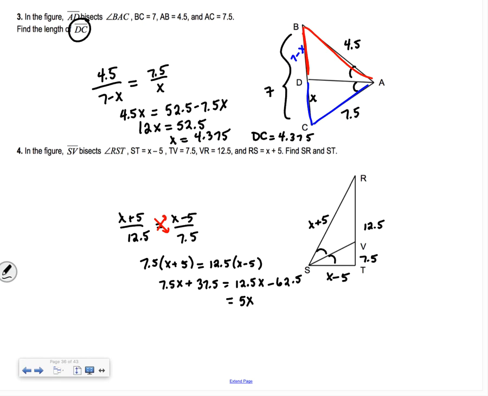And if I add the 62.5 to 37.5, I get 100. So 100 equals 5 times a number, so our number is 20 then. So in this case, we have to go back and plug in, because SR is x plus 5, so it's going to be 20 plus 5, or 25. And ST is x minus 5, so it's 20 minus 5, so it's 15. So we need to find both of those.